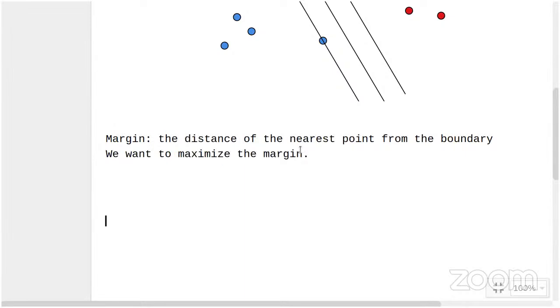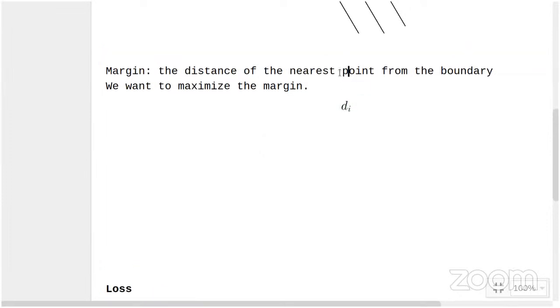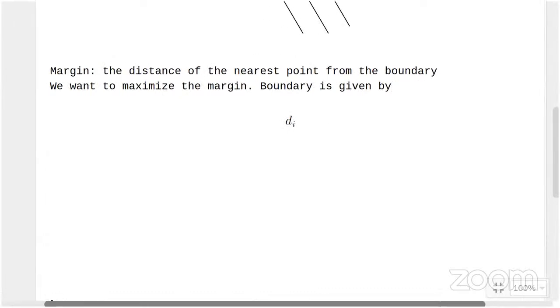So first thing is we need to find the margin. For that we need to know the distance of a point from the boundary. So the boundary is given by what equation?